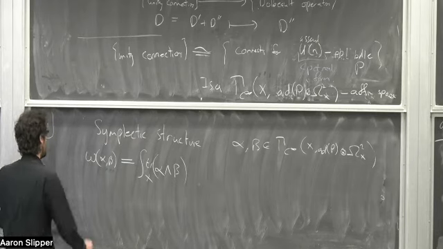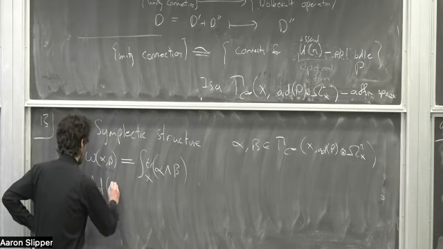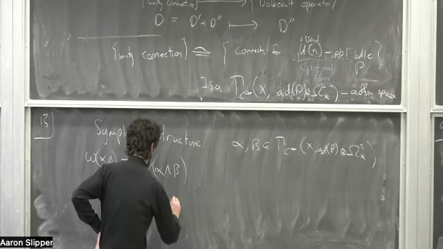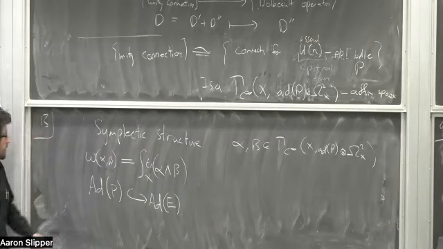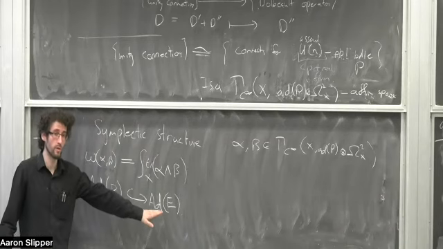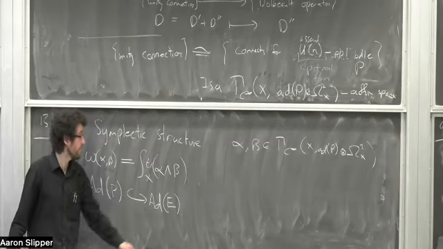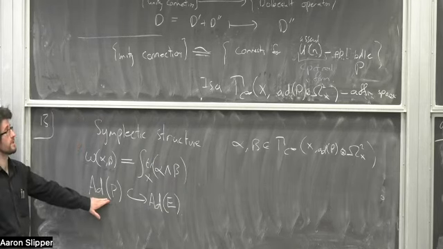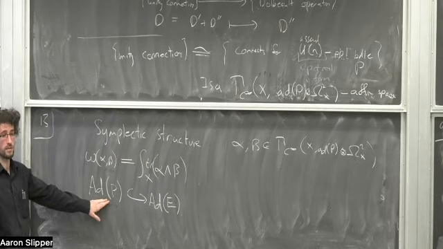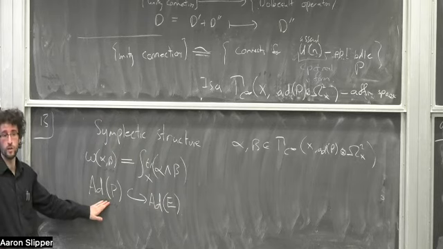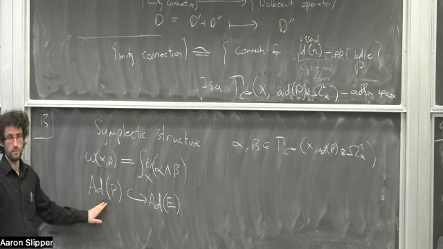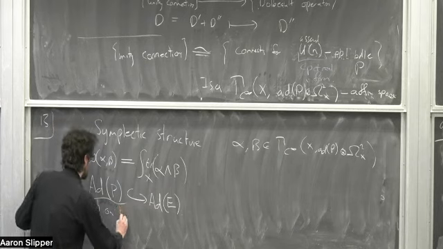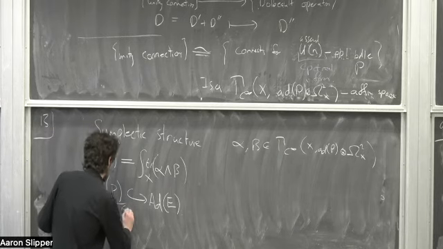And that's that we have Ad P embeds into Ad E. So automorphisms of P scale up to an automorphism of the complex vector bundle E. And well, Ad P will just act on the connections by pulling back the connection under the automorphism of the real bundle.